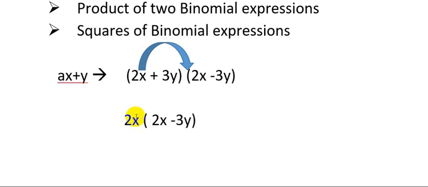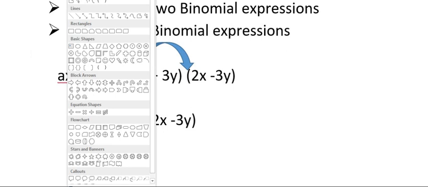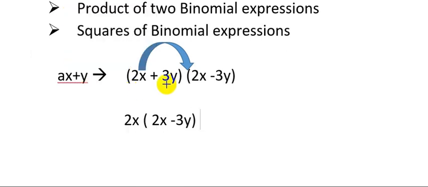That is the very first term you write in order to expand this binomial expression. Then the next term is 3y, which you multiply with this whole bracket. So plus 3y I am going to multiply by 2x minus 3y.